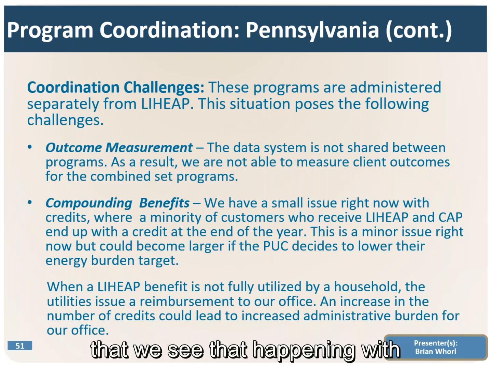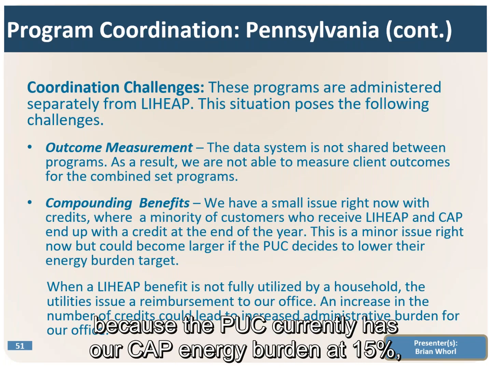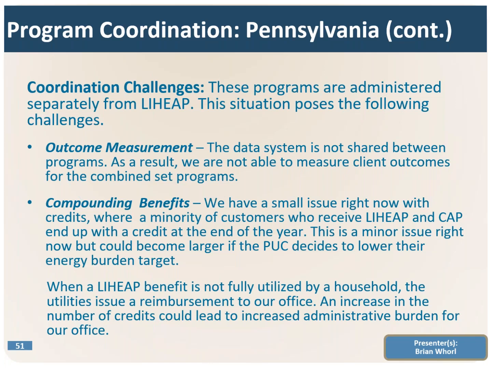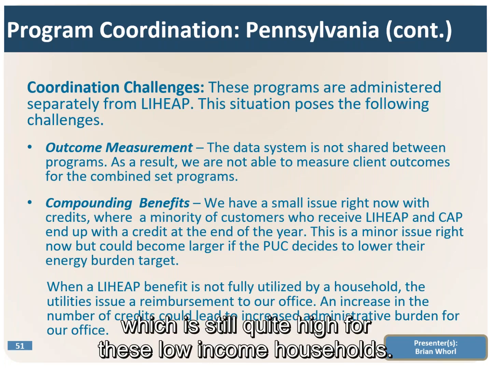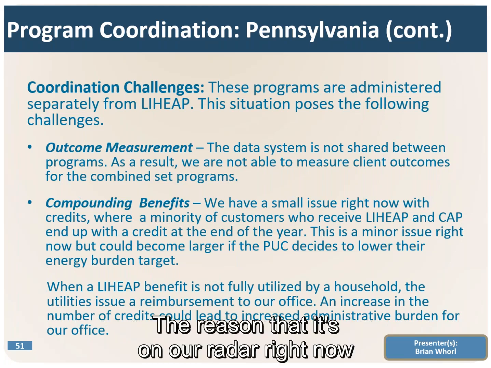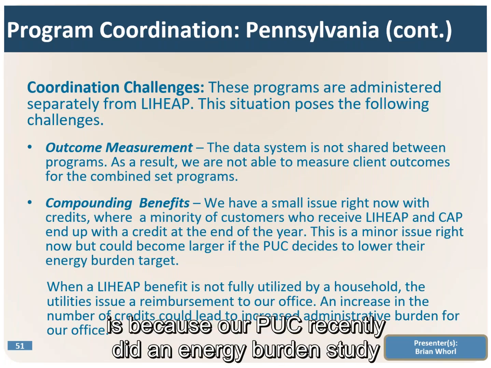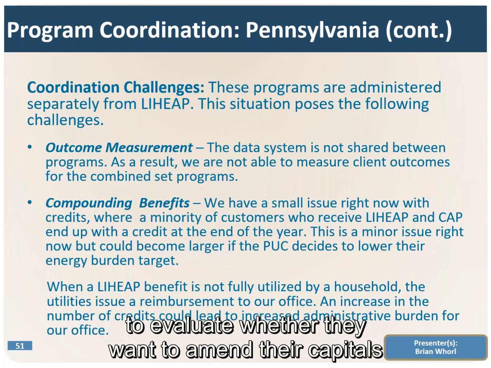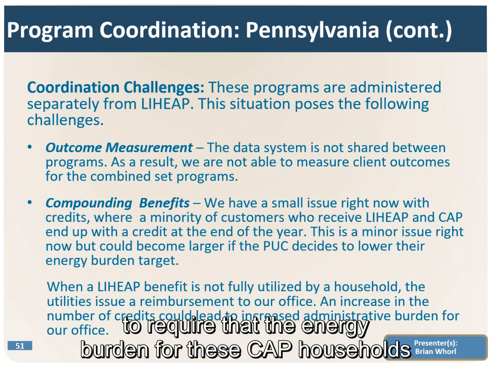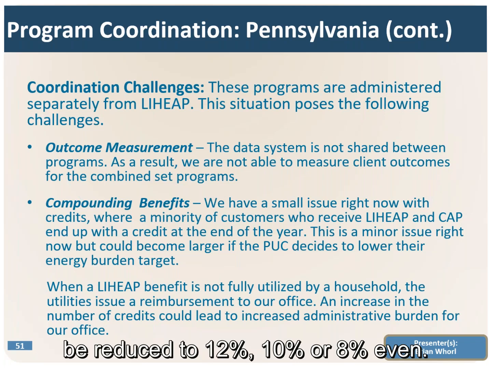So, like I said, right now it's a very small percentage of households that we see that happening with, because the PUC currently has our CAP energy burden at 15%, which is still quite high for these low-income households. The reason that it's on our radar right now is because our PUC recently did an energy burden study to evaluate whether they want to amend their CAP rules to require that the energy burden for these CAP households be reduced to 12%, 10%, or 8% even.